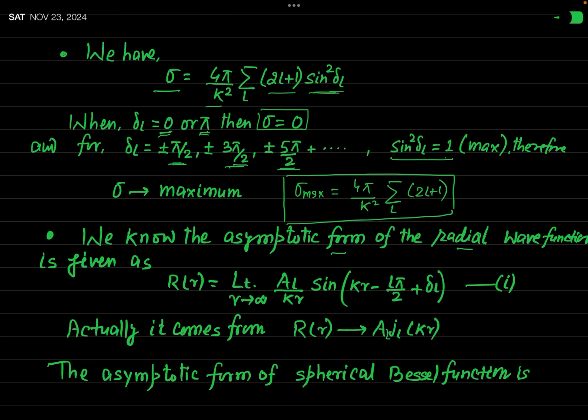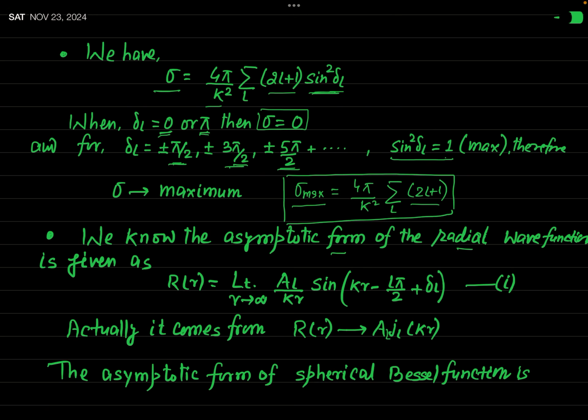And what will be that maximum value? Taking sine square delta L equal to 1, you can write the expression for sigma maximum, and that will be 4 pi over k square, summation over L of 2L plus 1.